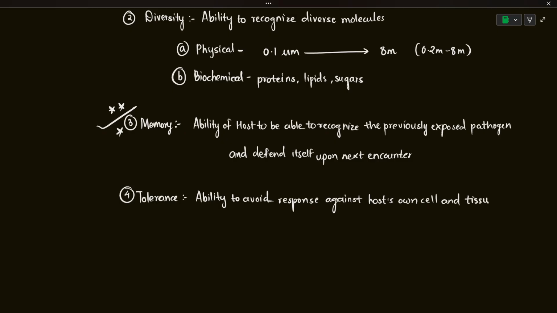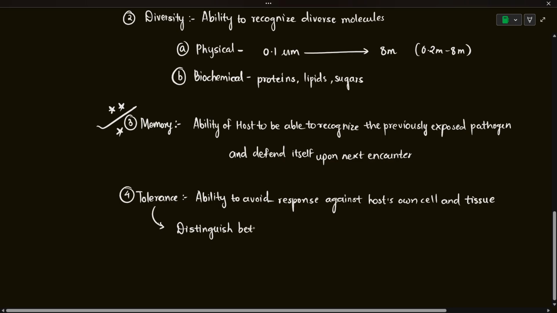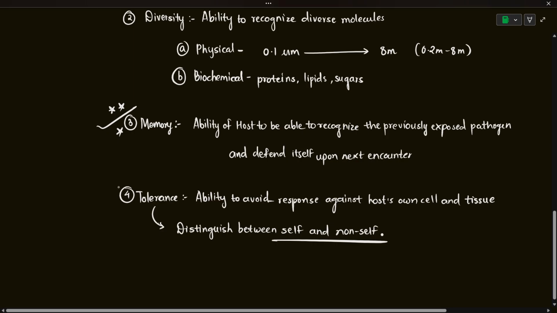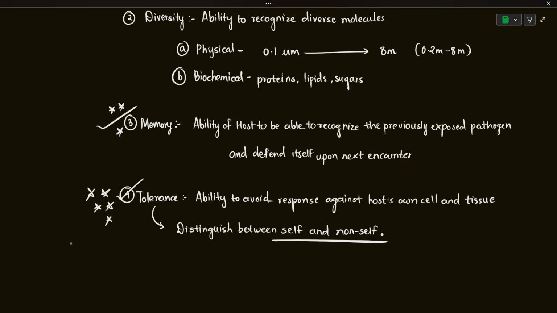It is called tolerance because the immune system is tolerating the host's own cells; it is not going to fire an immune response against them. So it is able to distinguish between self and non-self. That is a very important property that makes our immune system eradicate only pathogens and not the cells of the host.